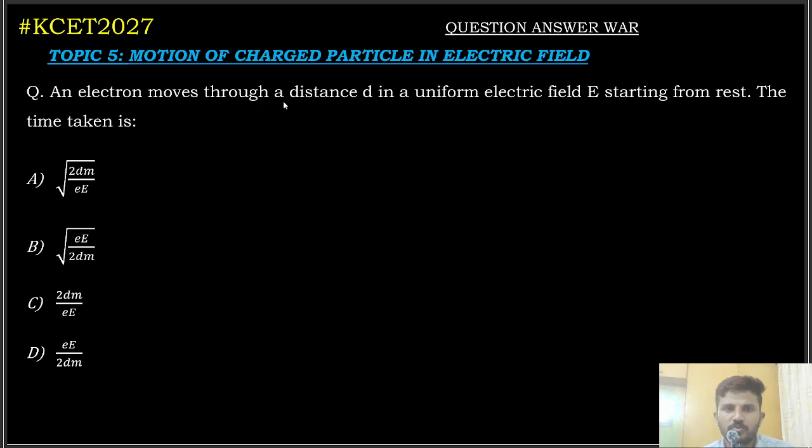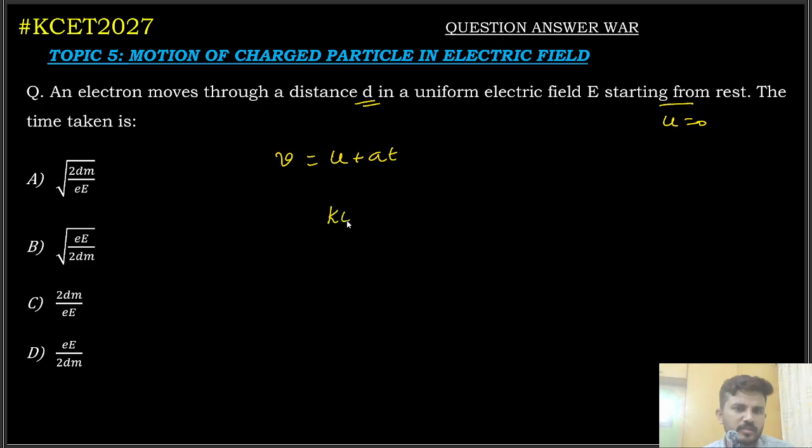Next, an electron moves through a distance d in a uniform electric field, starting from rest, u is equal to 0. What is the time taken? Here velocity is not given. Through the distance d in the uniform electric field from rest, v is equal to u plus at. In terms of electric field, it is given.